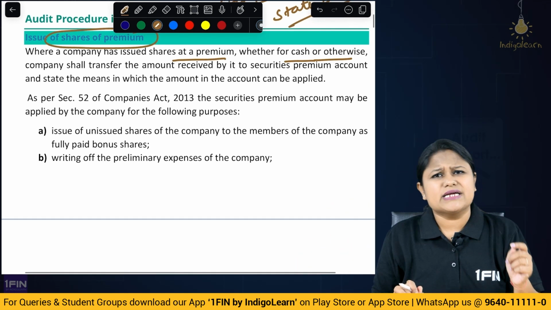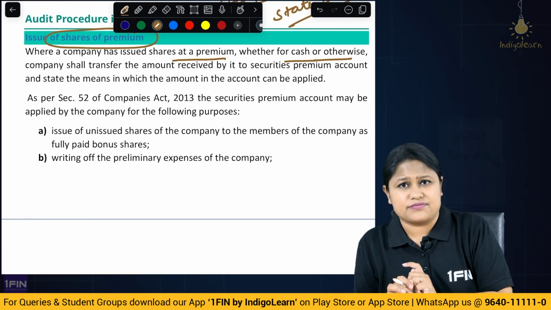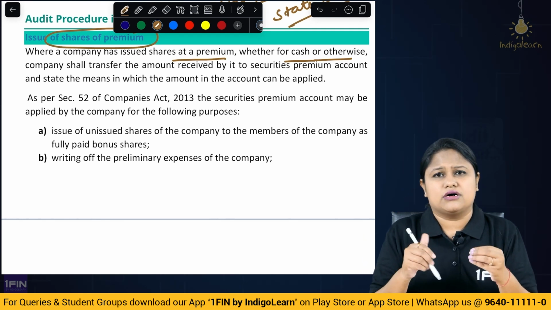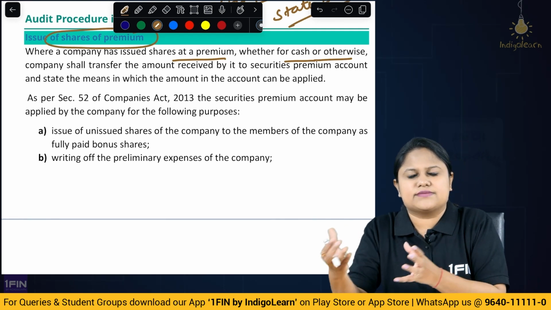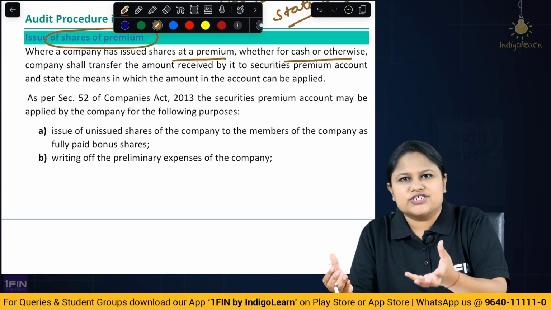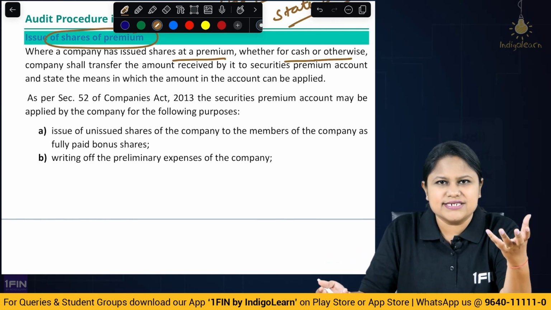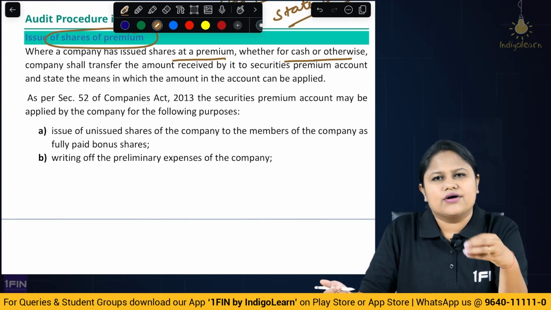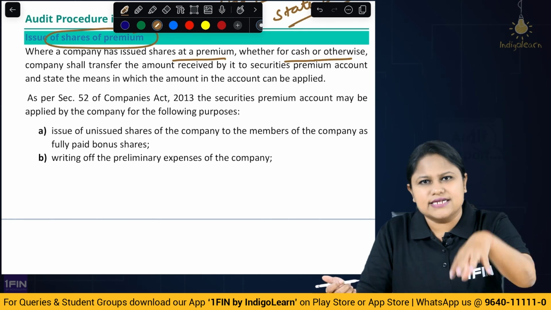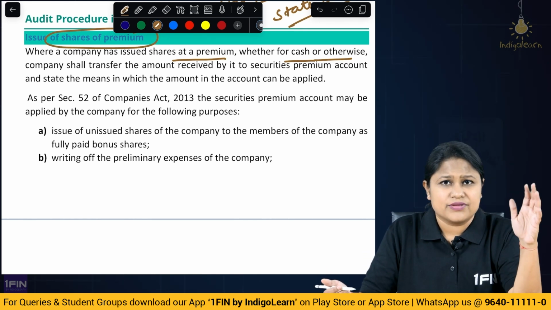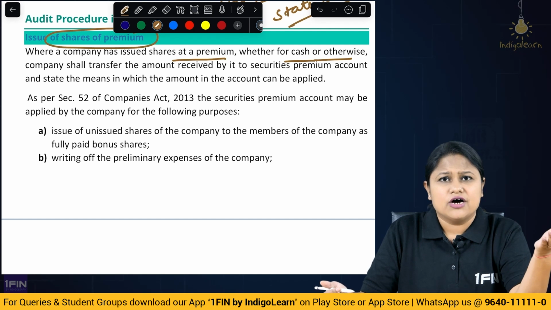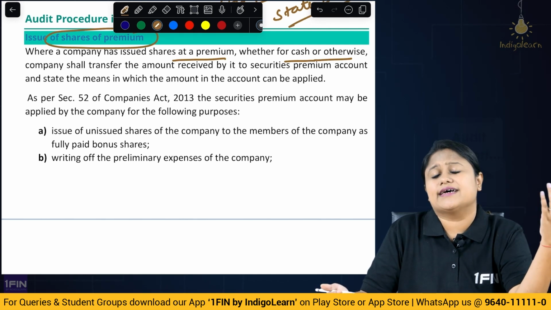Clear? Alright. Sometimes we also make the payment to underwriters. Underwriters are those to whom we give a contract for the subscription of a security. So they are going to get our shares subscribed. They take a very huge risk that if there is an undersubscription, they will themselves purchase these shares. So basically the capital market intermediaries, banks, financial institutions, mutual funds and all, these become the underwriters.